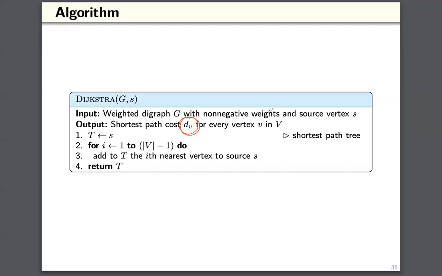We will not call it a minimum spanning tree. Here we will just call it a shortest path tree. This is also a tree, shortest path. So what do you mean by a tree? So in this tree, from the source vertex, right, we go to different other nodes.